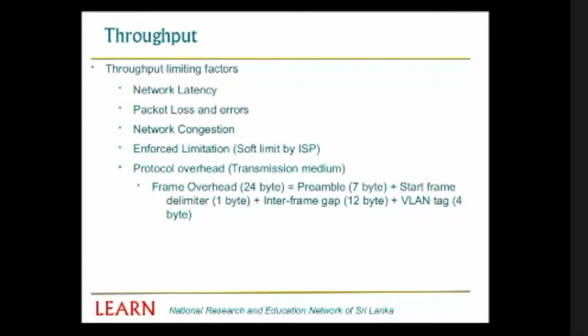If a link is capable of 100 Mbps and we push more than like 90% of traffic, there will be congestion, and all the traffic used by the users will be slow and useless.